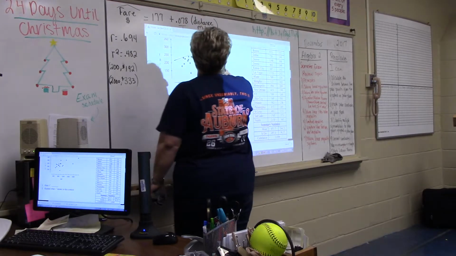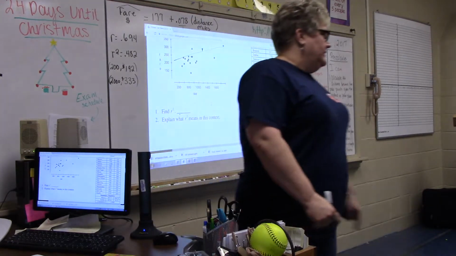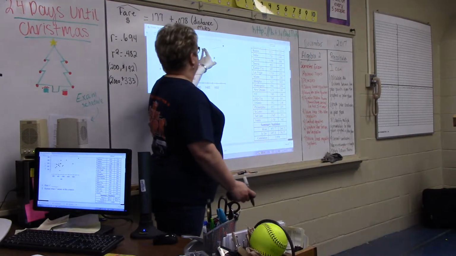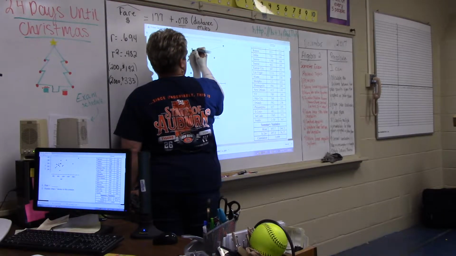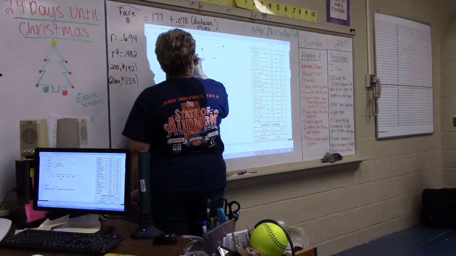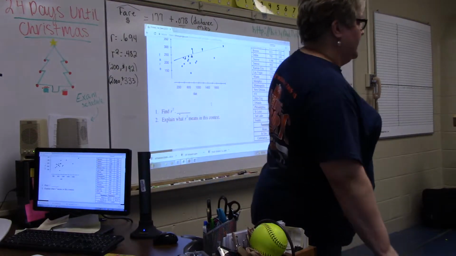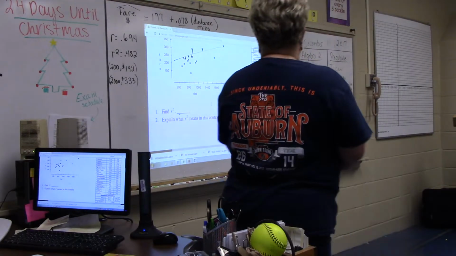There's some big long definition about the vertical deviation from the least squares regression line, but it means the error. So you're looking at the distance each one of these points is from the line. And you will see this on the AP test. You will have to calculate a residual.